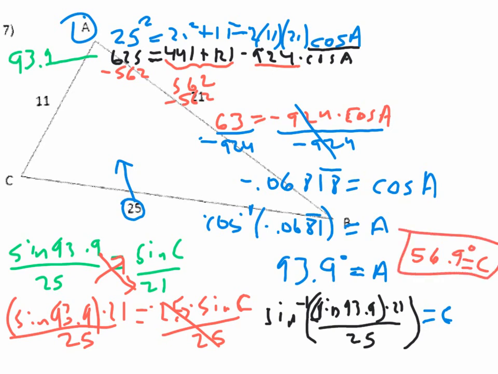So you have angle C, we have angle A. So to figure out angle B, they have to add to 180. So take 180 and subtract both off. I got 29.2. So we'll try to use a different color here. Angle B is 29.2.